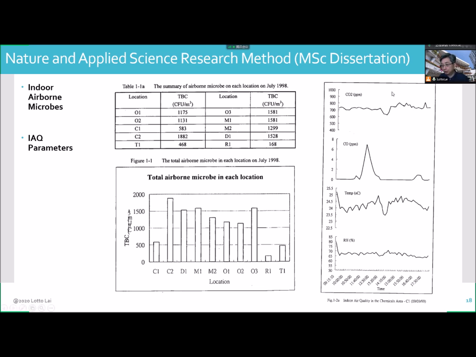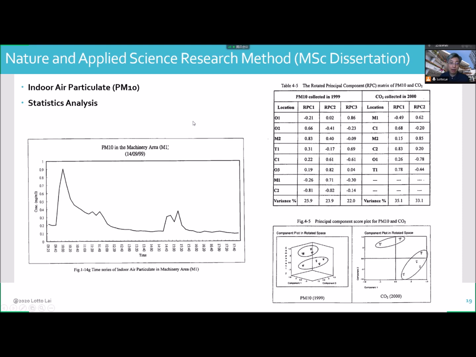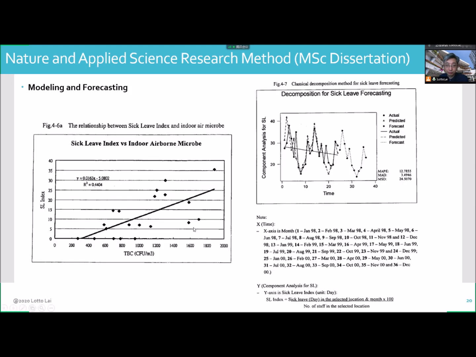For air particulates and statistical analysis, we also use principal component analysis to find the relationships among the parameters and give the conclusion. For prediction, we use modeling with linear regression for indoor air microbiota, and also time series to see the seasonal effect for forecasting in the future, based on past data.